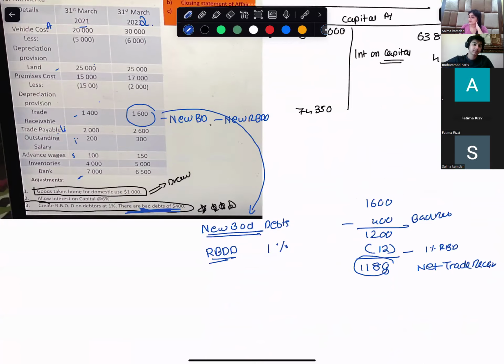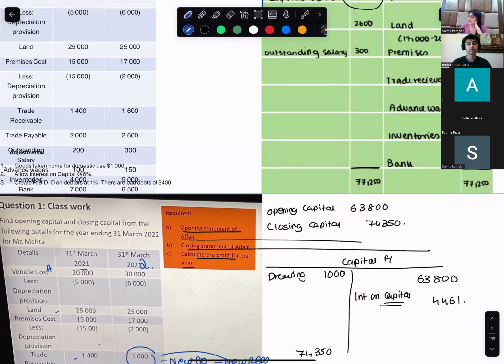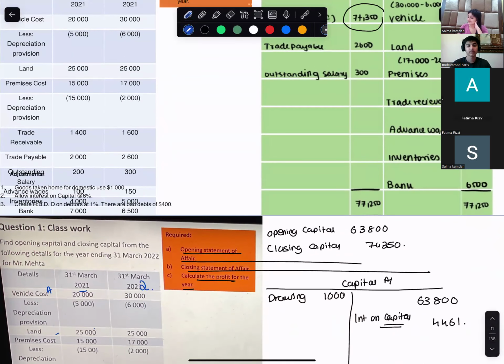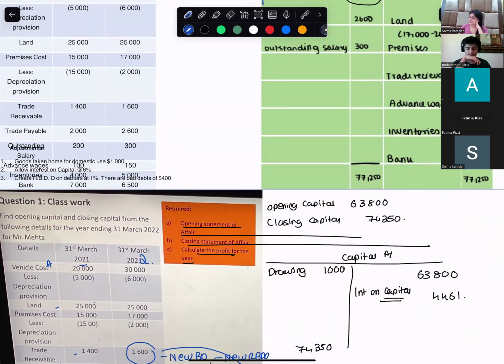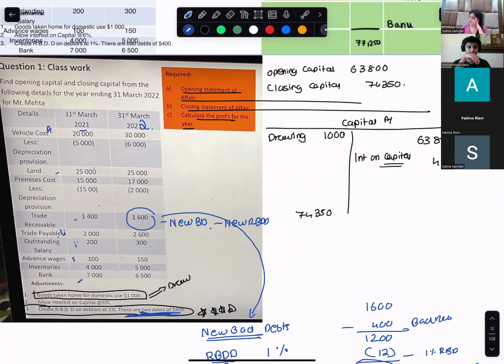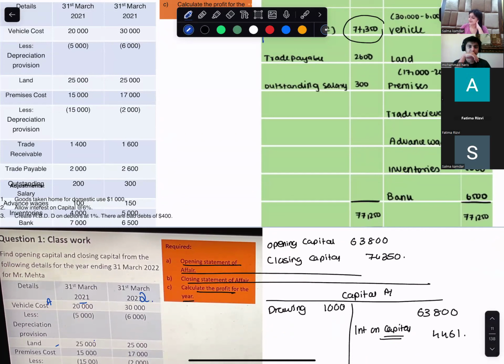So when you did your closing capital, you will not write trade receivables as 1600. You will write it as 1188, and this will change your capital.